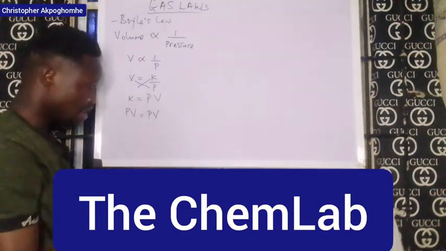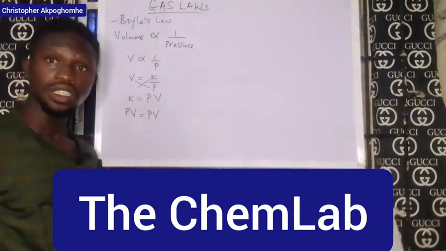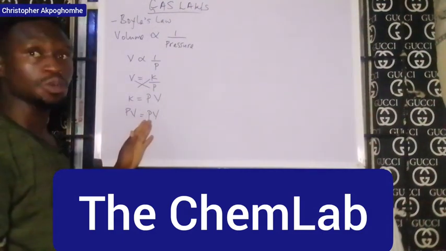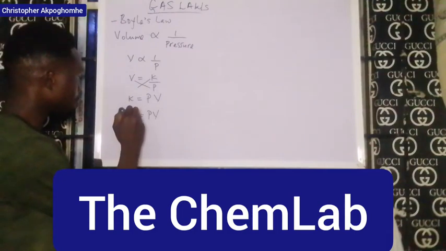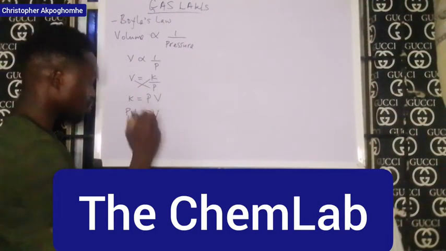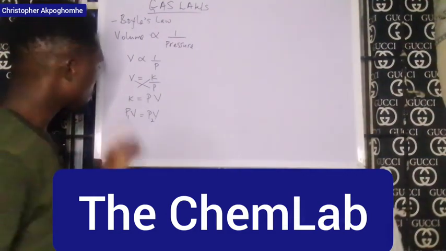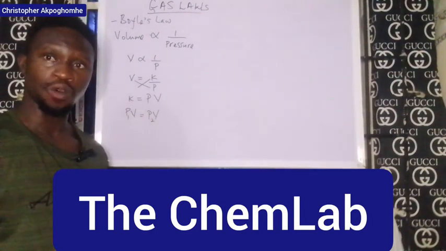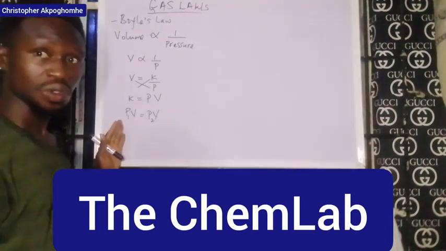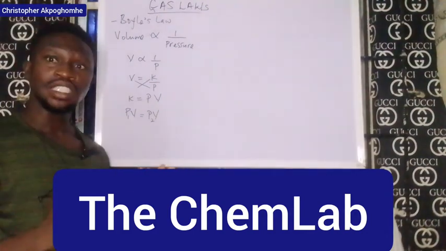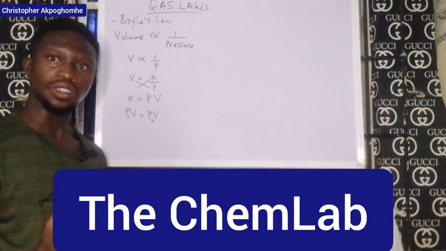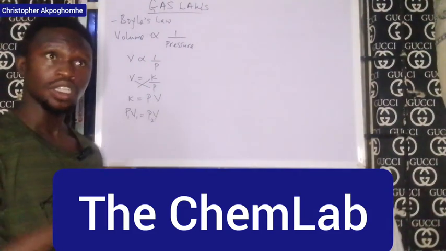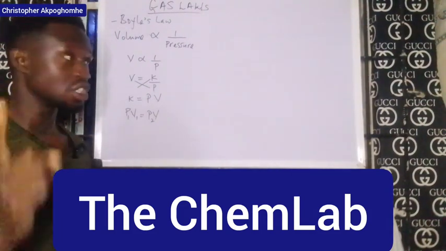Because K is equal to PV, then PV equals PV. Now it might look as though P is similar, but no. In this case, this P is different from this P. Now this P is called P1, this P is called P2. Why is it that way? It is because the gas in its original form has a particular pressure, but when changes begin to happen in the volume, the pressure will most likely change as well.